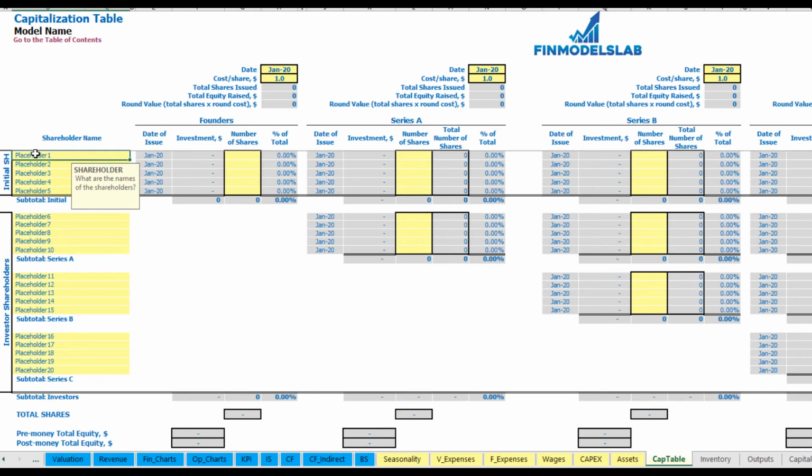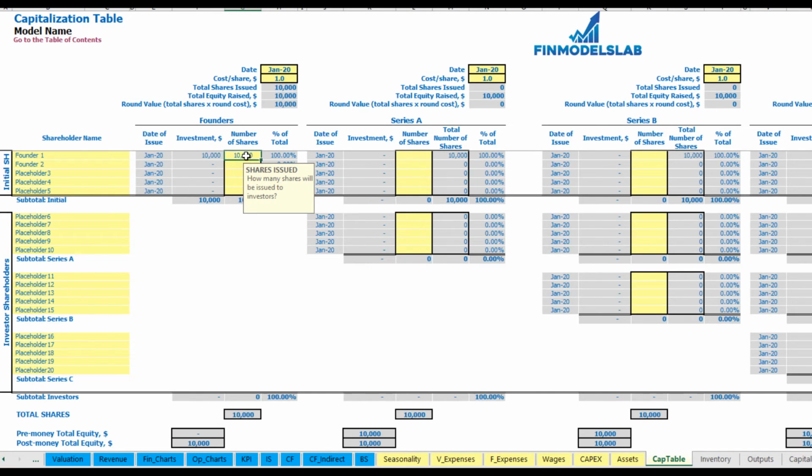Let's pretend that we have 2 founders, founder 1, founder 2. So the total amount of shares for founder 1 can be 10,000, for founder number 2, 20,000. Let's imagine that the cost of share will be $2 and the date of founding is February.